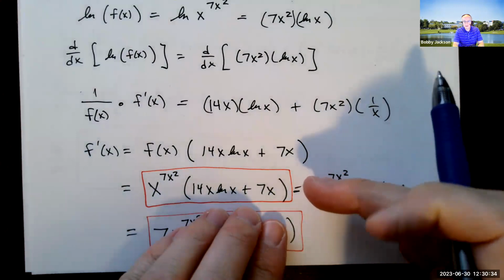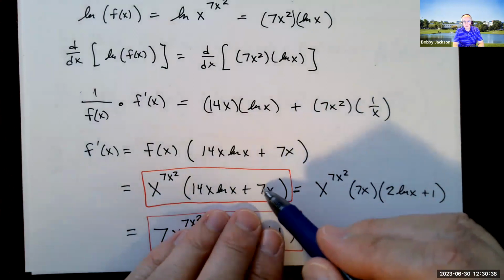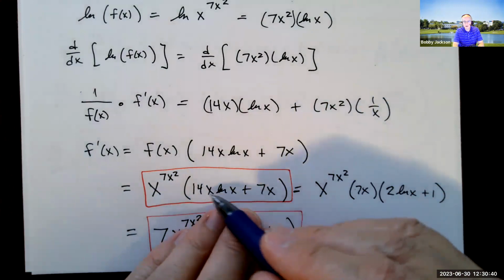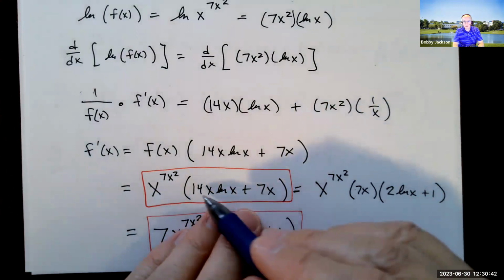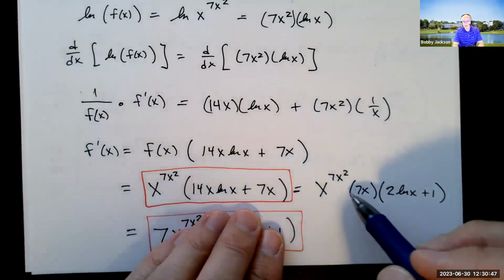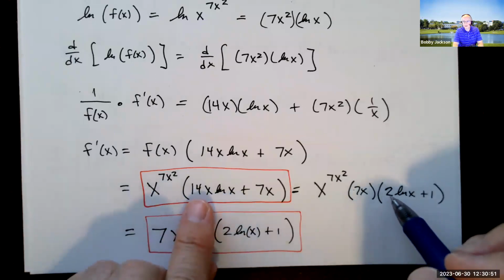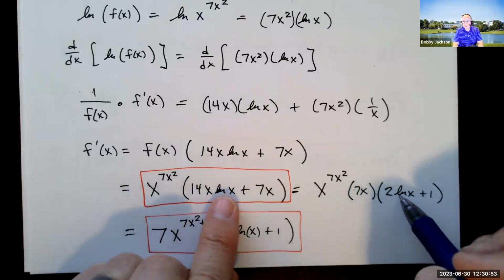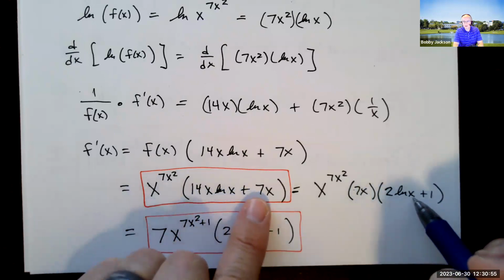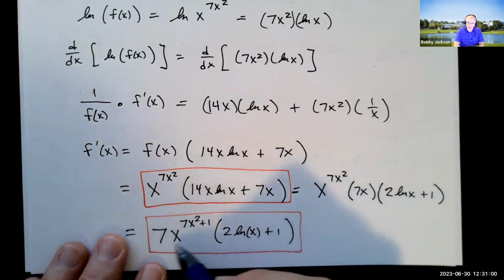You can simplify this a little bit, because you can look in here and notice, well, hey, for these two terms, there's a common greatest common factor, GCF of 14 and 7. I can factor out a 7, and then there's x's. So I can pull out a 7x, leaving 14, factor out 7 leaves 2, pulled out an x, natural log of x, and then, of course, 7x, pulling that out leaves a 1. So I can pull that 7x out, and then the 7 can come out in front.